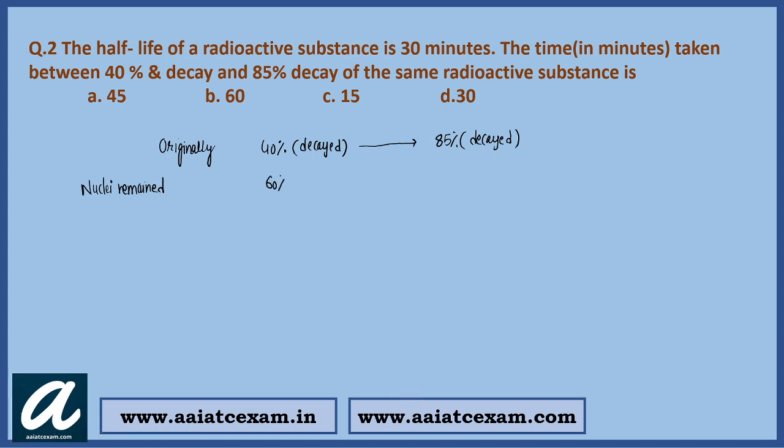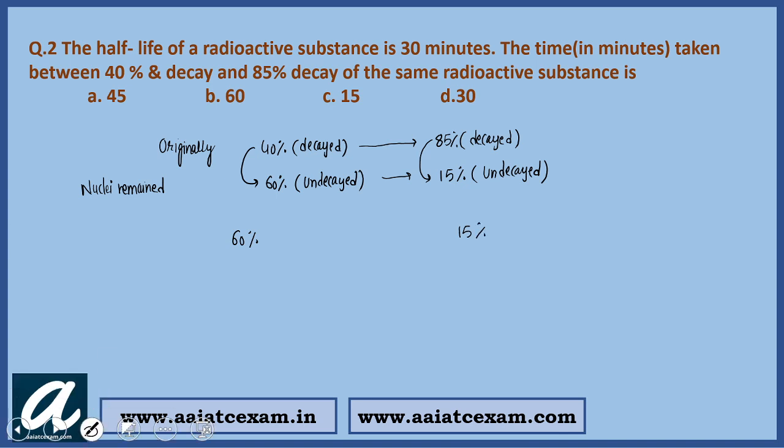how much nuclei remain, which has not been disintegrated yet? So can I say when it is 40% decayed, this is 60% undecayed at this time. And students, when it is 85%, I will say here it is 15% which is undecayed. So in undecayed manner, I have to go from 60% to 15%. So how many half-lives I have to cover, students?